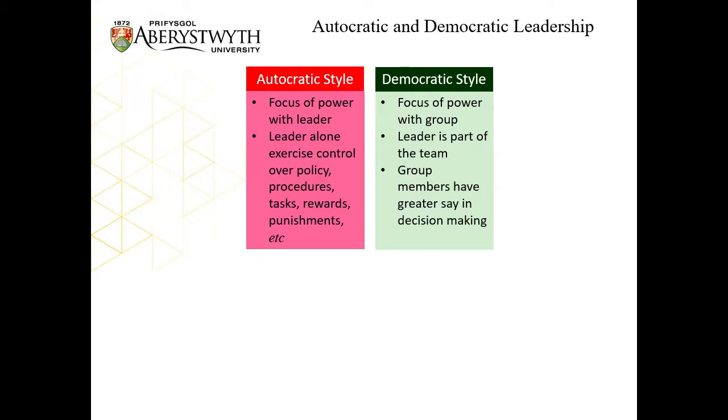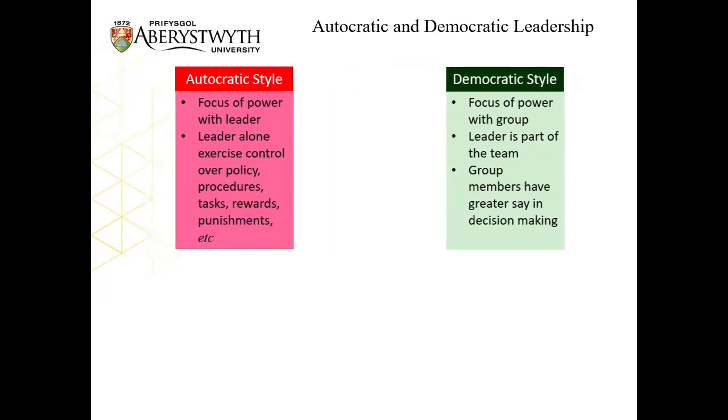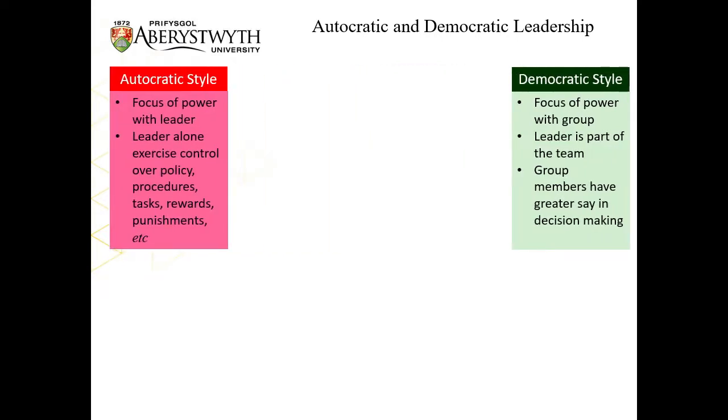The problem with this rather simple model of, on the one hand autocratic style, on the other hand democratic style, is that it's far too polarised. These are two extreme positions, completely opposite in their characteristics, and the real world is rarely as easily characterised as that.